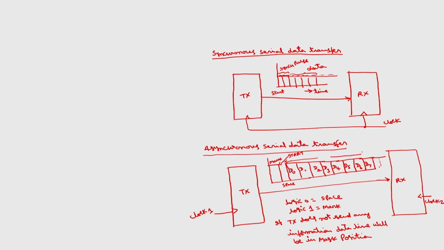This is an 8 bit character, you can call it character or data. And there are 2 high signals, this is mark. These 2 are called stop bits.